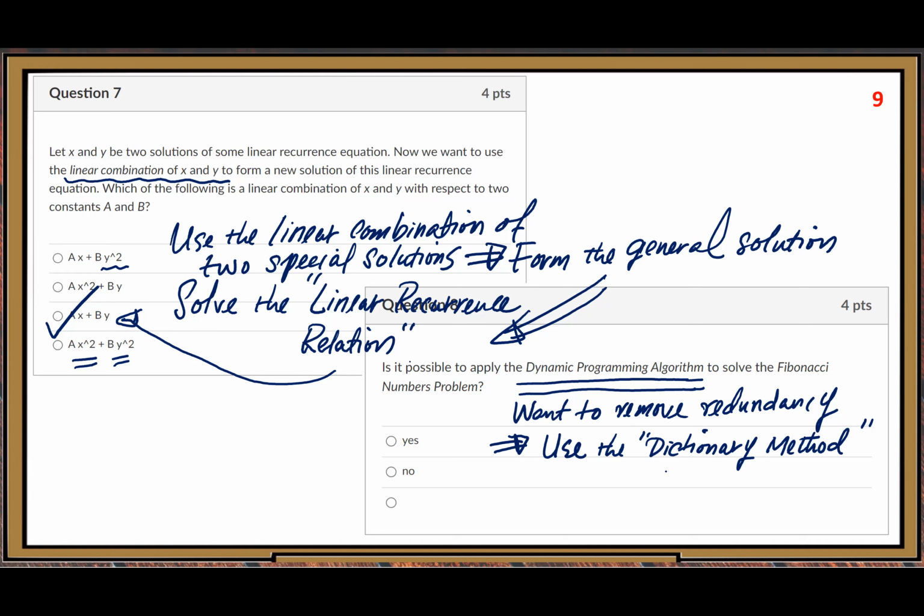The dictionary is just an array used to store the known Fibonacci numbers.